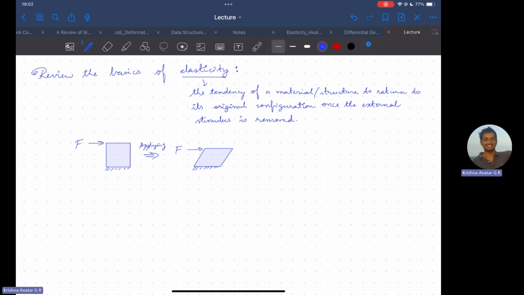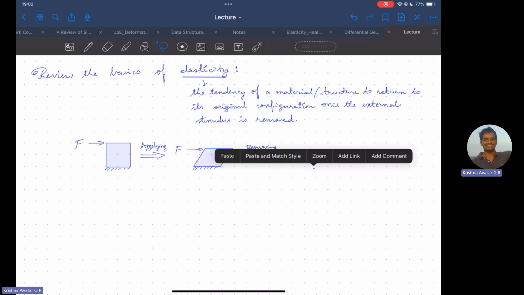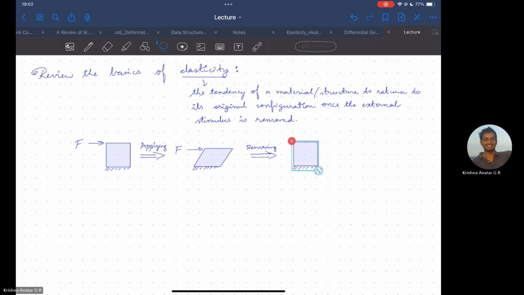Now, as we remove this force, it returns to its initial configuration, right?